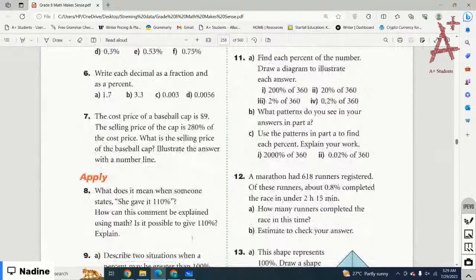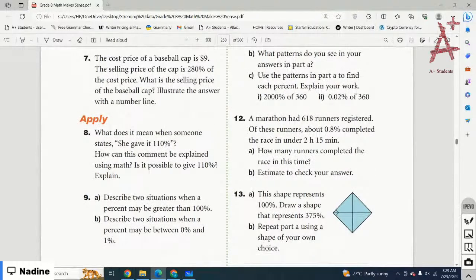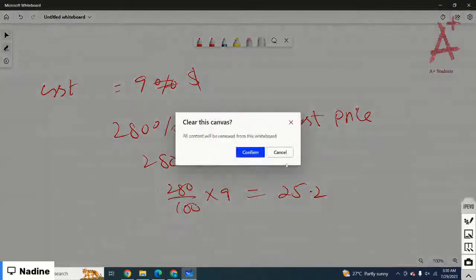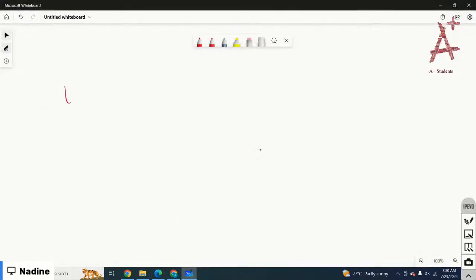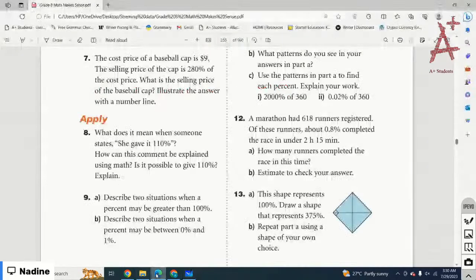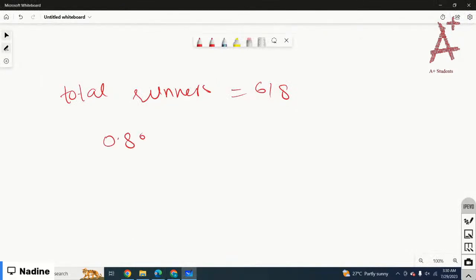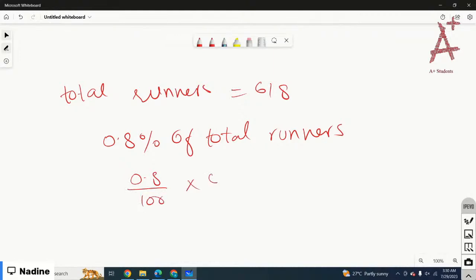So the total runners are 618, and just 0.8% of them completed. So that means 0.8% of total runners. So it would be 0.8 over 100 times 618.